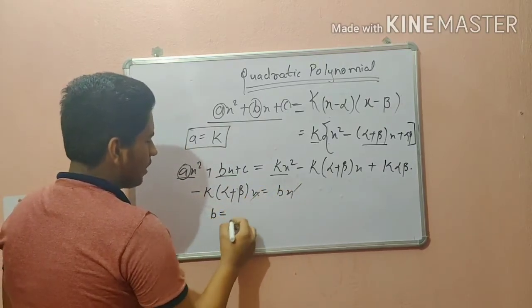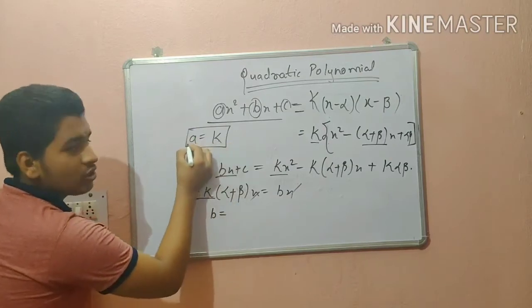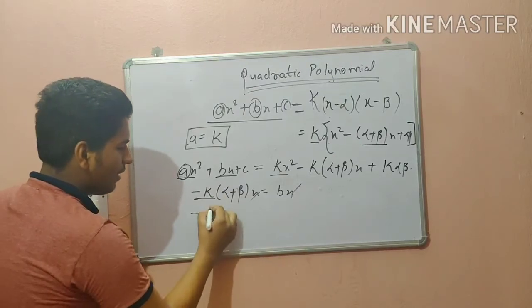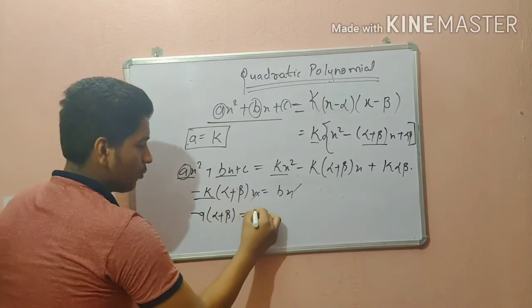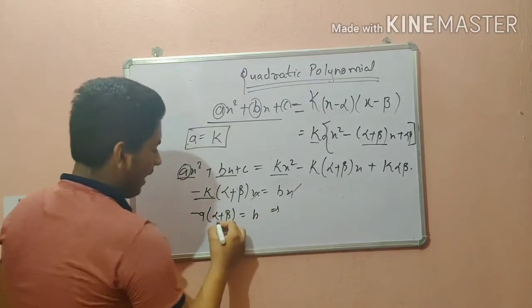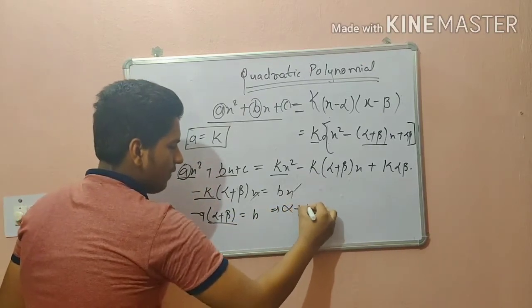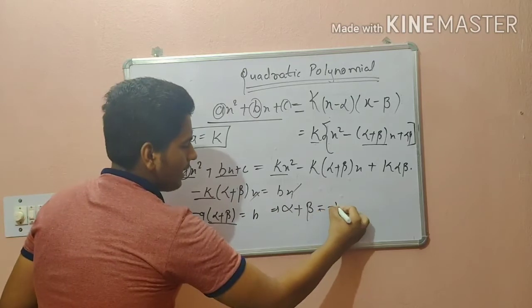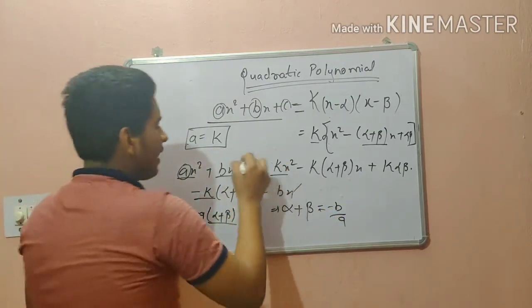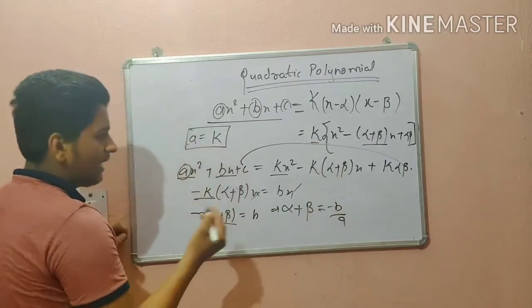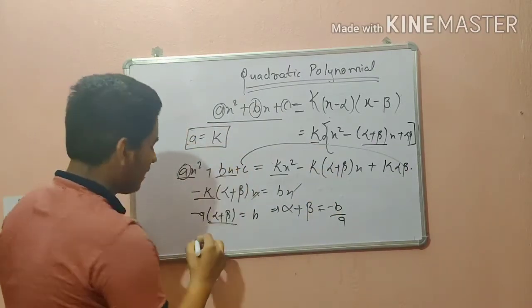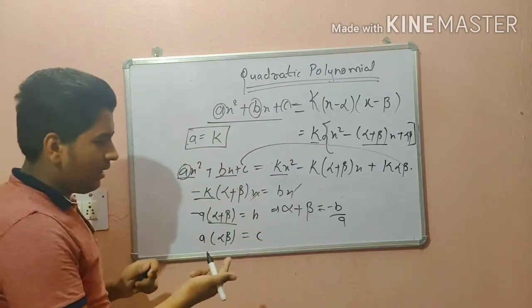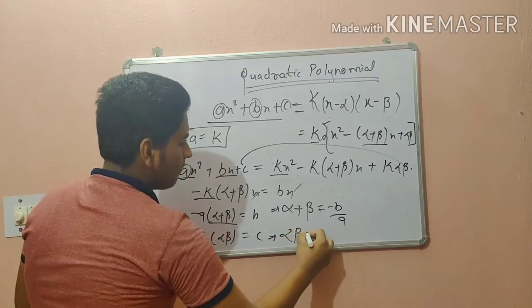This means b equals minus k(alpha plus beta), and since minus k is minus a, alpha plus beta equals b divided by minus a. So the sum of zeros, alpha plus beta, equals minus b by a. Similarly, comparing c, k means a, so a alpha beta equals c, so alpha beta equals c by a.